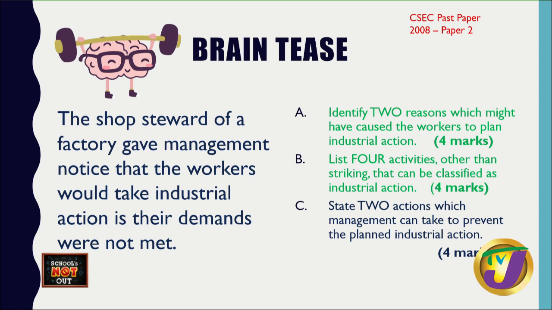The third question asks us to state 2 actions which management can take to prevent the planned industrial action. You might not have gotten any response, but what do you think? What are 2 actions that management can take to prevent planned industrial action?